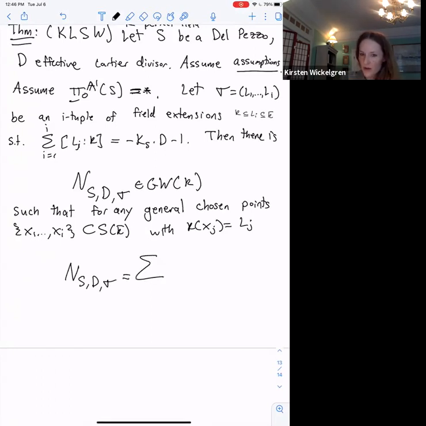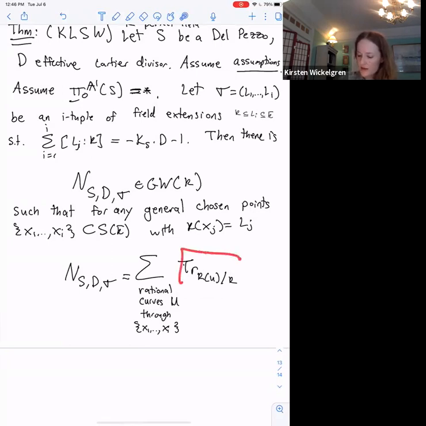This is the sum of rational curves U through x1, through xi, and the weight has to do with the field of definition of the curve.